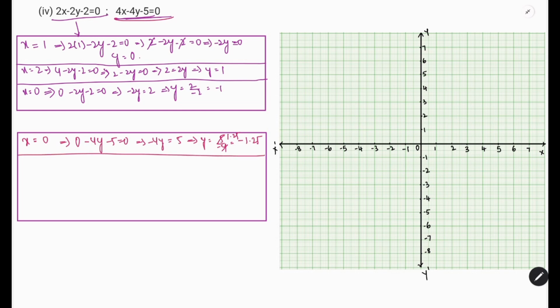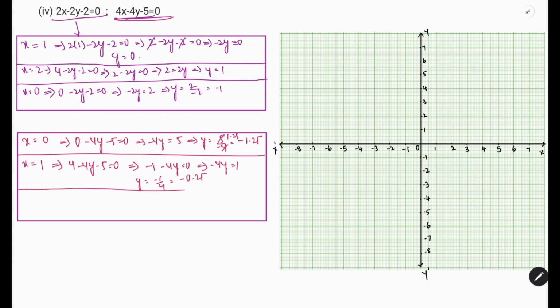Okay, if x equal to 1. Okay, here 4 into 1 is 4, minus 4y minus 5 equal to 0. Okay, here 4 minus 5 is minus 1, minus 4y equal to 0. If you take minus 1 to the right side, it will be 1. So y equal to minus 1 by 4. 1 by 4 is 0.25.